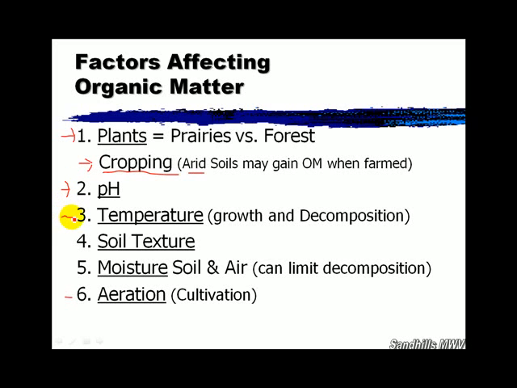Temperature. The cooler an area is, the slower the microorganisms will do decomposition, and the more organic matter will be built up. That's one of the major factors between north and south. There's a lot less good decomposing time in the north, where in Raleigh there's a lot of good decomposing time.